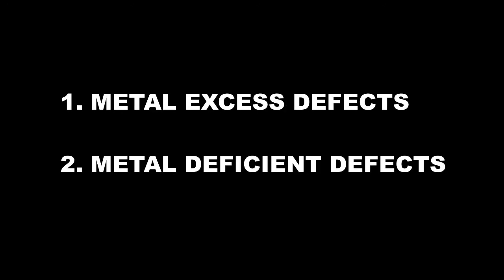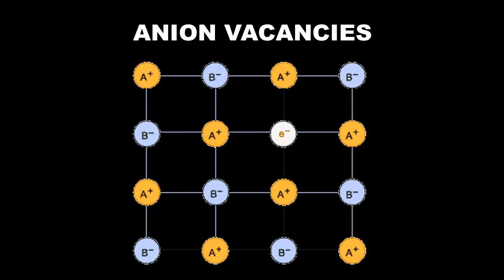There can be two types under non-stoichiometric defects: metal excess defects and metal deficiency defects. In metal excess defects there can be two types: anion vacancies and excess cations occupying interstitial sites. Let us see what anion vacancies are. Here the negative ions may be missing from their lattice sites and thus leave holes.